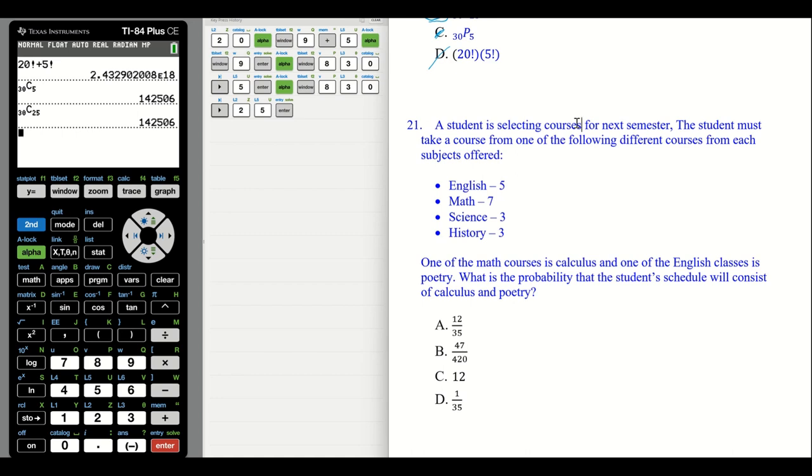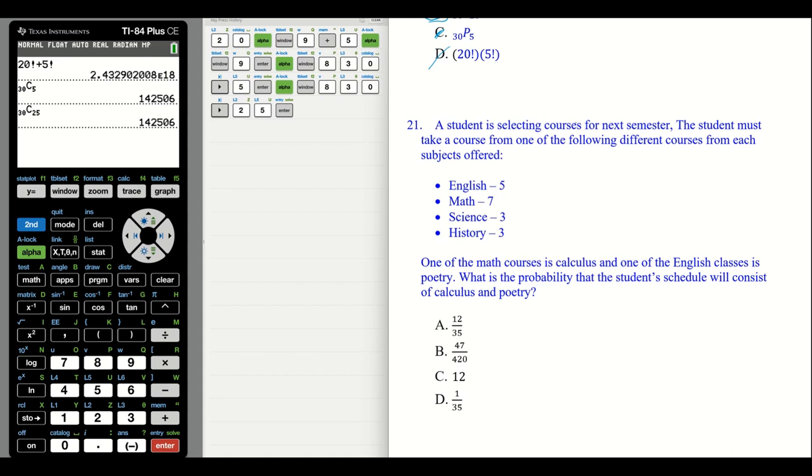That's a little cumbersome explanation. Take a course from, okay, at least one of each. Okay, I get it now. All right. So one of the math courses is calculus, and one of the English courses is poetry. Okay, I see where this is going. What is the probability that the student's schedule will consist of calculus and poetry?